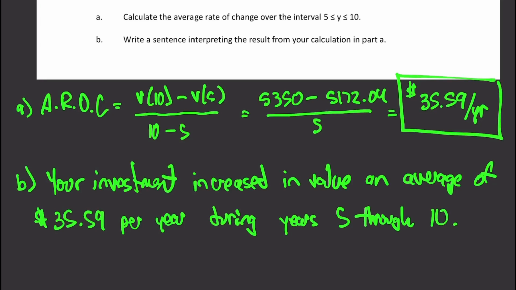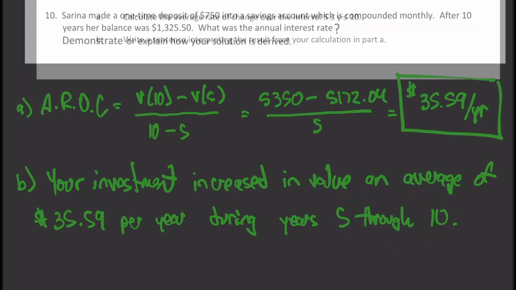It's not good enough just to say increased an average of $35.59 per year because it's only in that interval. It doesn't do that for all intervals.